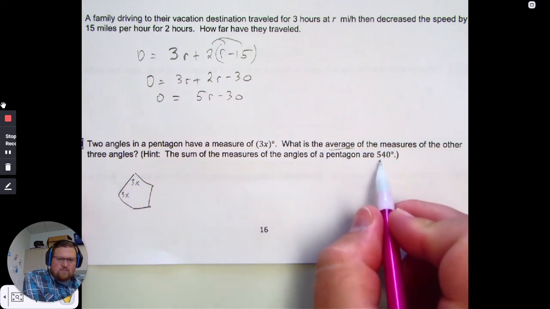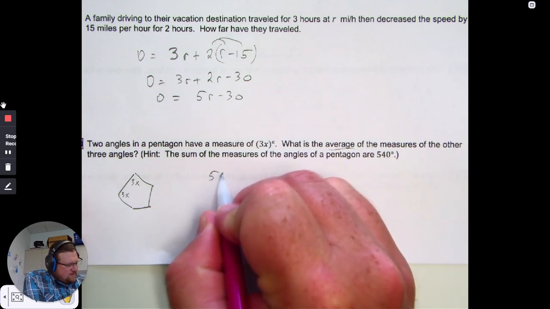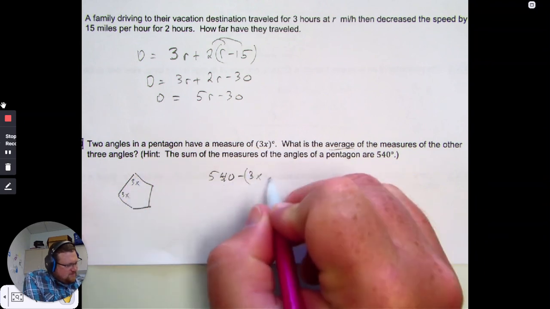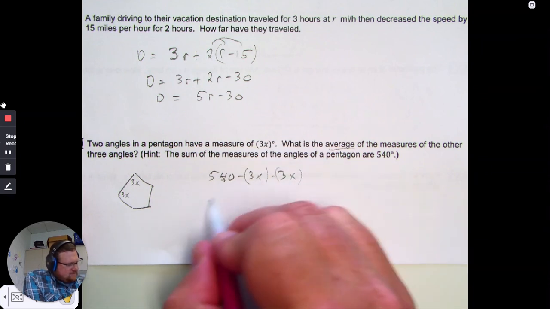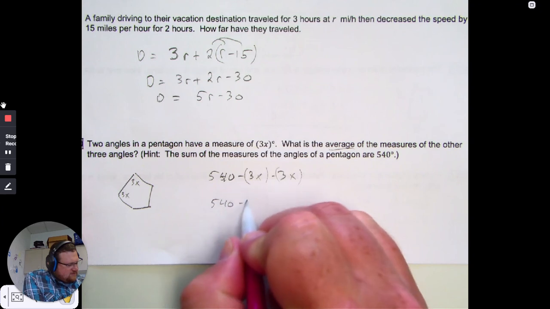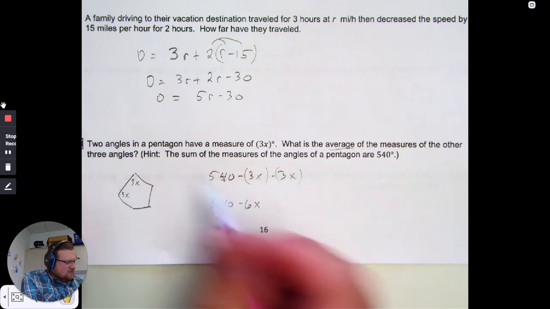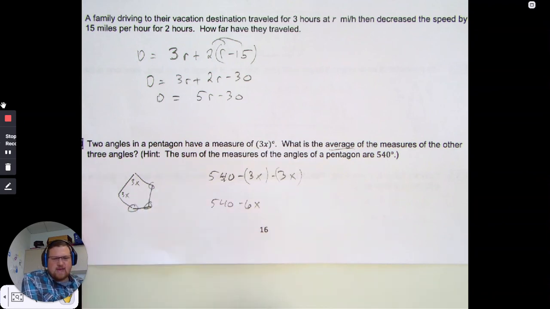If our total amount is 540, and we subtract these two angles from that, then that gives us what we have left. So 540 minus 6x tells us how much we have left for the remaining 1, 2, 3 angles.